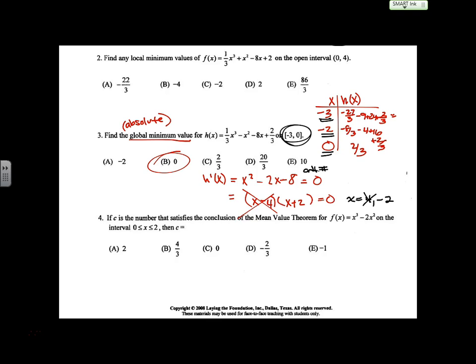I get 27 thirds, that'd be negative 9, negative 18. Negative 18 and 24 is 6. 6 plus 2 thirds, that'd be 18 thirds plus 2 thirds is 20 thirds. That'd be that one. Negative 2 would be negative 8 thirds minus 12 thirds, negative 20 thirds, plus 2 would be negative 18 thirds, which would be negative 6, which would be 10. And then at 0, 2 thirds. Thanks, Katrina, for checking that. The correct answer should be C.